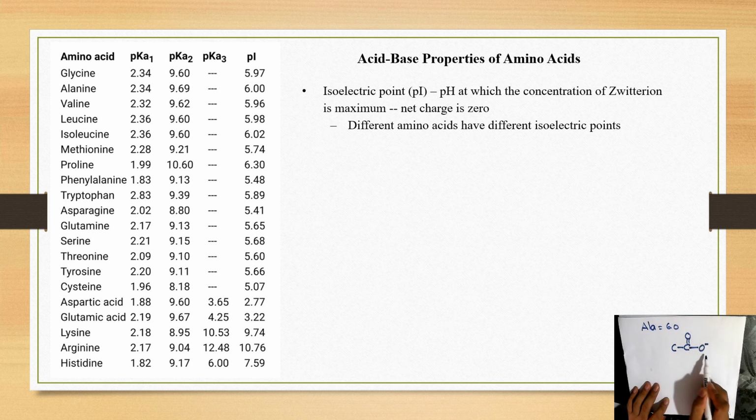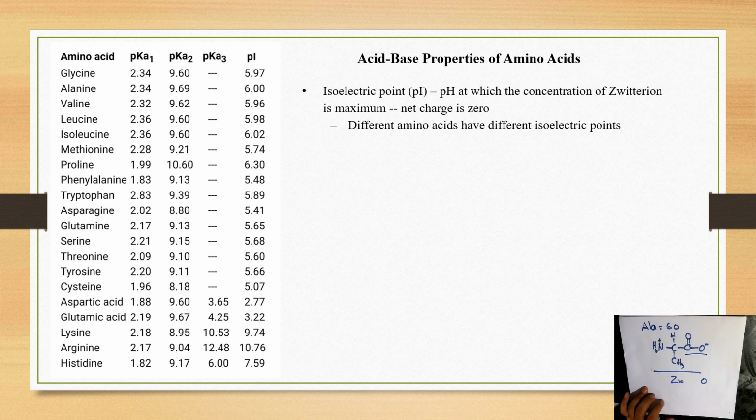The carboxyl group is negatively charged and the amino group is protonated or positively charged. Let's draw alanine. Alanine becomes like this. This is the zwitterion form if the pH of alanine is 6.0. What is the net charge? No net charge. The net charge is zero, because the amino group is positive and the carboxyl group is negatively charged.